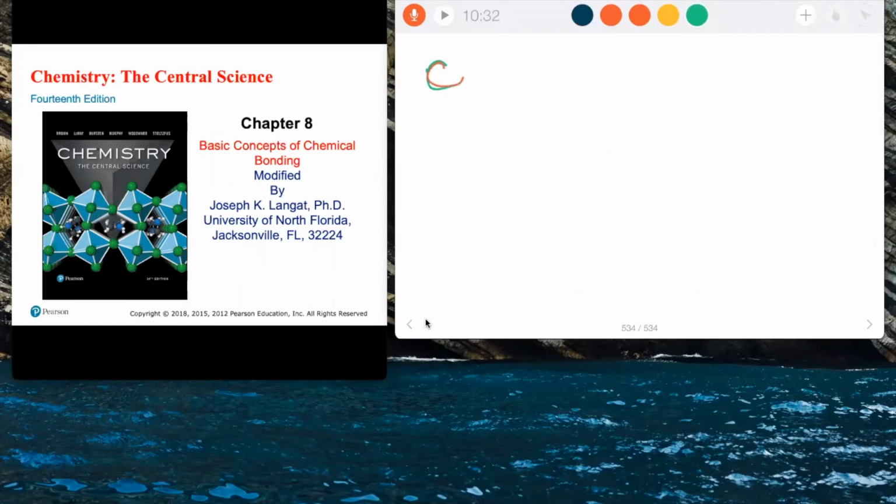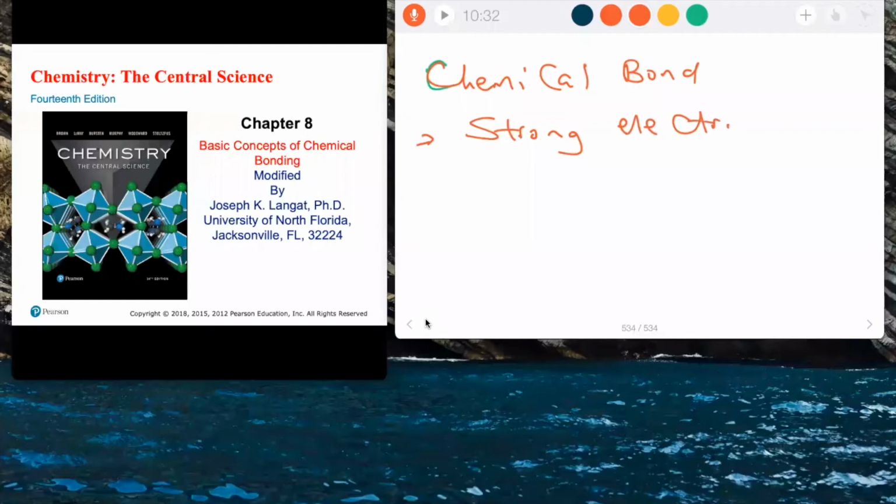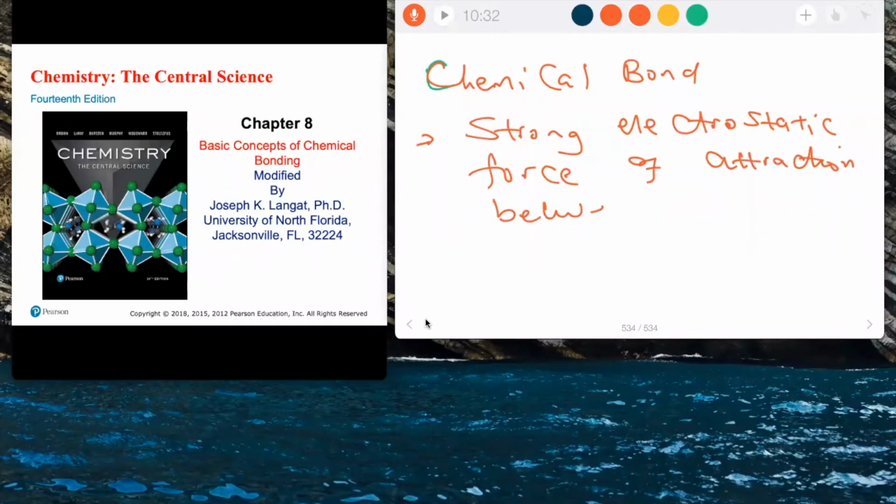A chemical bond is a strong electrostatic force of attraction between two or more atoms.